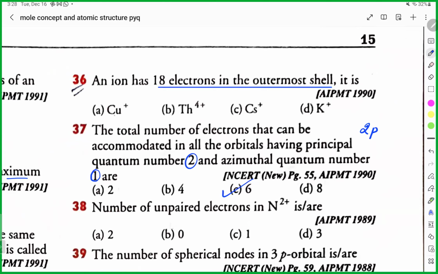Option B. In option C, you have 18 electrons. It looks like D because in potassium, atomic number 19, if you remove one electron, it will be 18 electrons. But it is asking for 18 electrons in the outermost shell, not total. Cesium, if you remove one electron, will have noble gas configuration. Noble gas configuration has 18 electrons in the case of cesium. Yes or no?